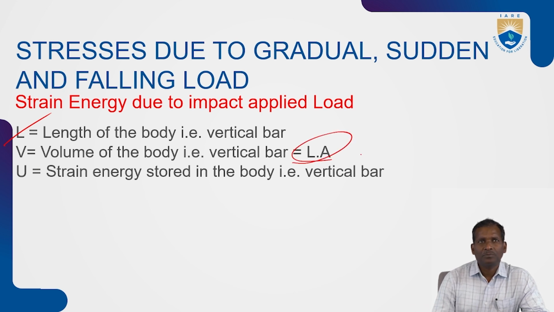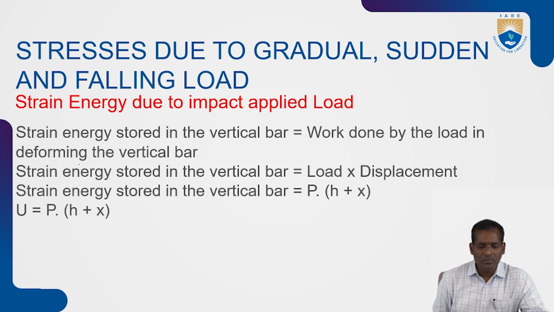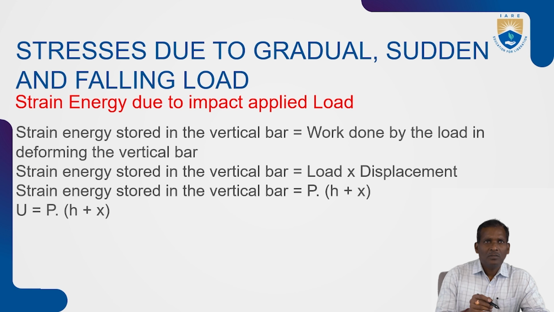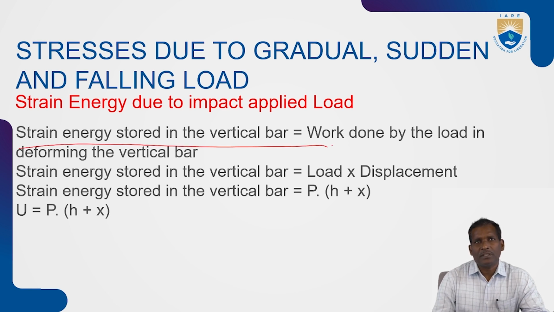V is the volume of the body, that is the vertical bar, V equal to L into A. U is the strain energy stored in the body, that is in the vertical bar. The strain energy stored in the vertical bar is the work done by the load in deforming it.